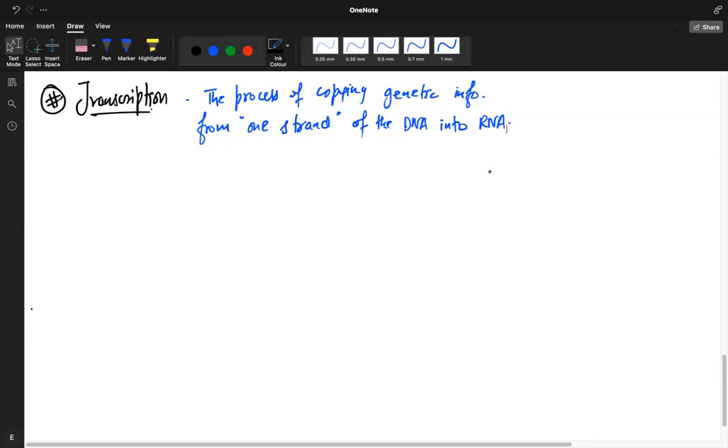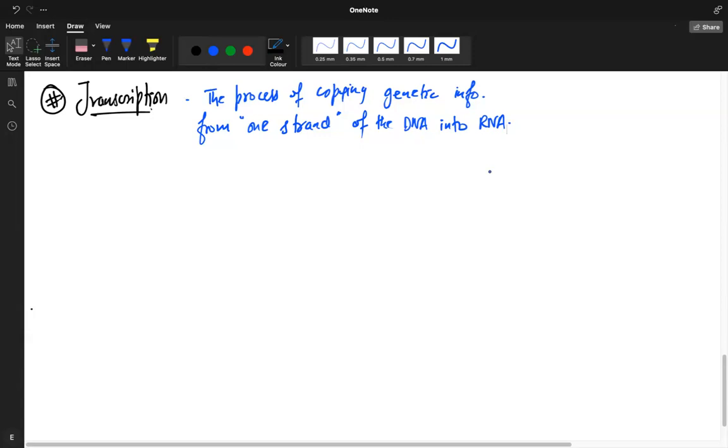The principle here is again the same. You have to make complementary pairing and make a RNA. So this time the DNA will again open, but now we do not need to open the full DNA, right? Because transcription is for expressing a gene.